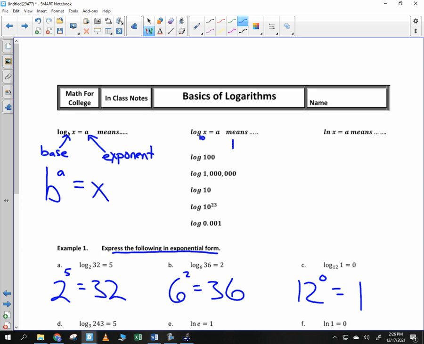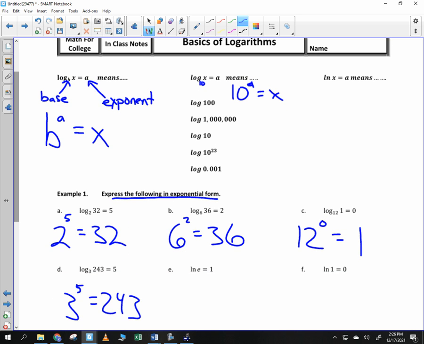So it means 10 to what power is equal to x? So, log of 100. 10 to what power is 100? 2.